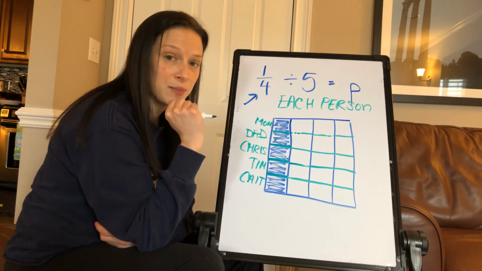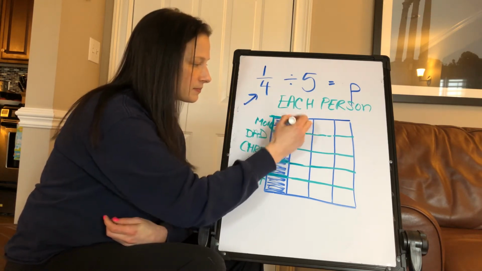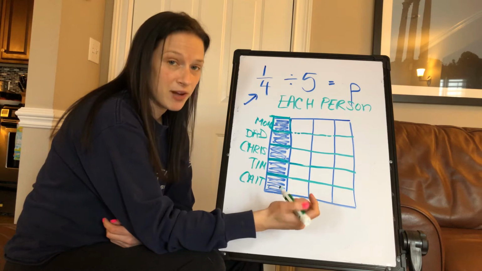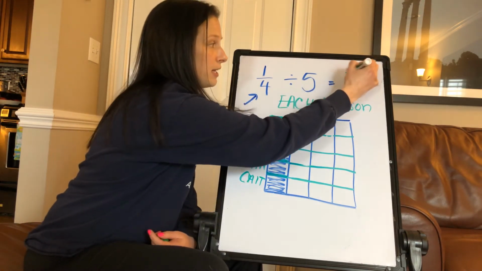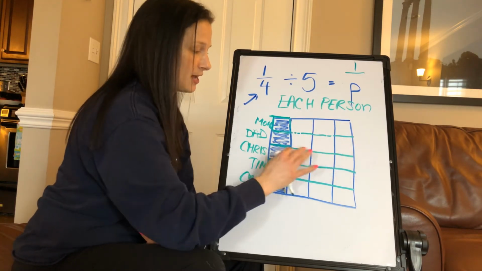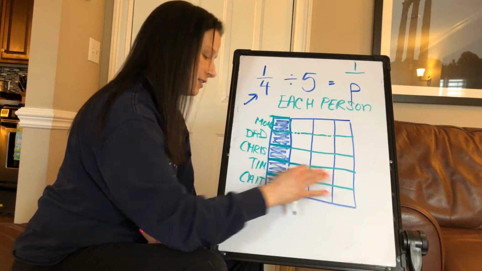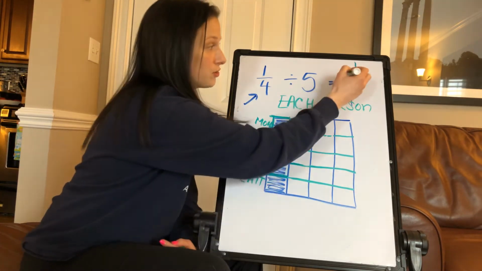So when we think about how much mom gets, this piece here, I'm going to think about the fraction of the whole thing. She gets 1 piece out of 1, 2, 3, 4, 5, 6, 7, 8, 9, 10, 11, 12, 13, 14, 15, 16, 17, 18, 19, 20. She gets 1/20th of the original pizza.